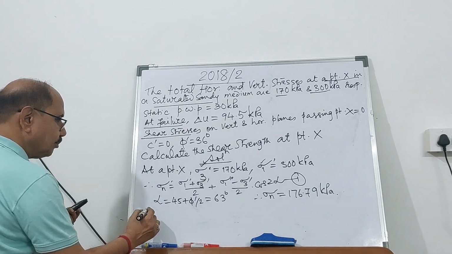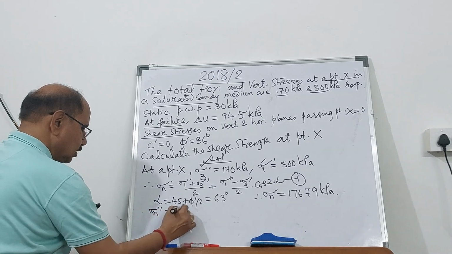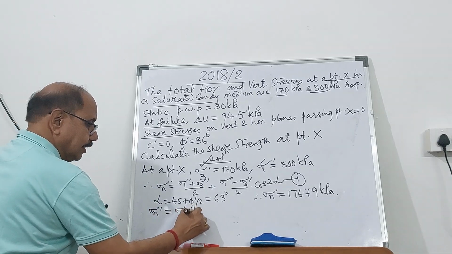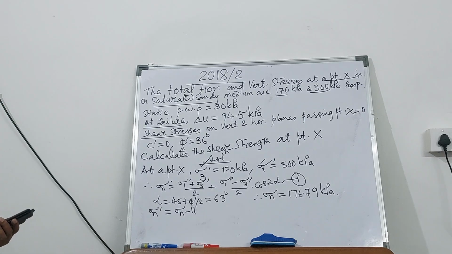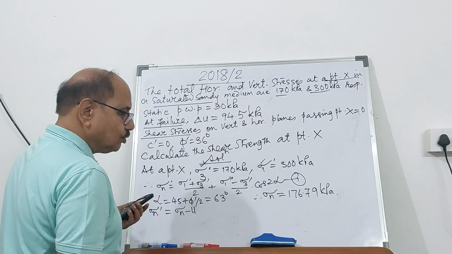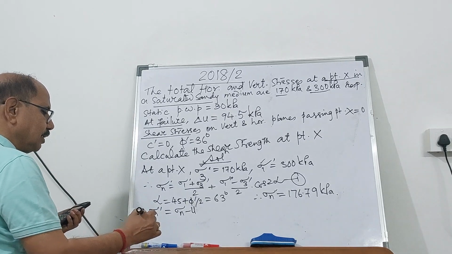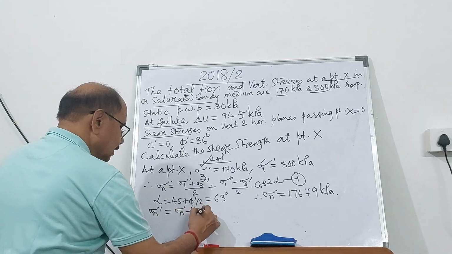Now sigma n prime equals sigma n minus the pore water pressure. The pore water pressure is the static pore water pressure plus the pore water pressure after application of stresses, which is known to you.